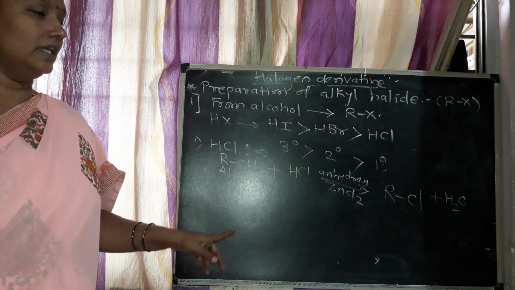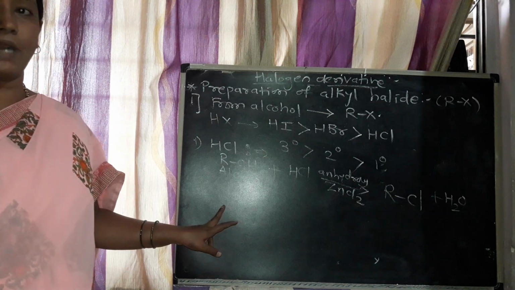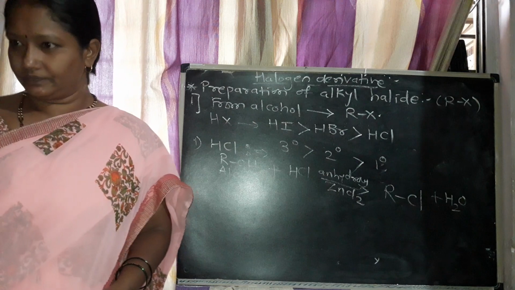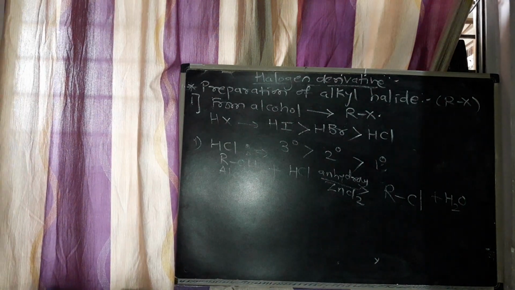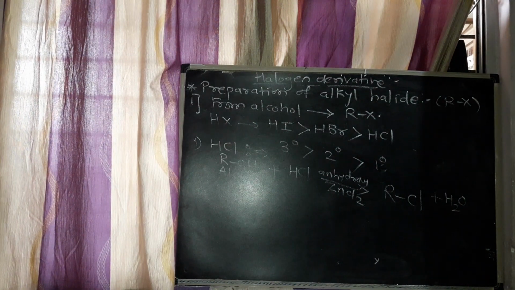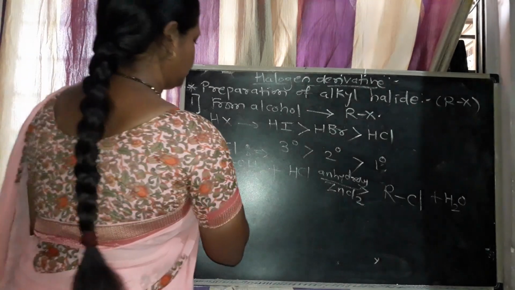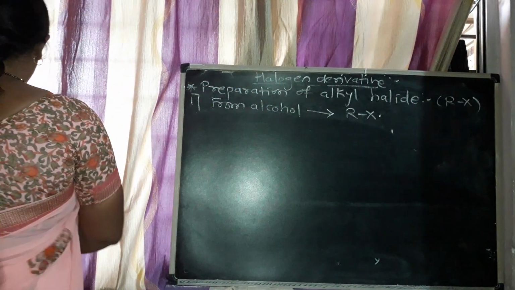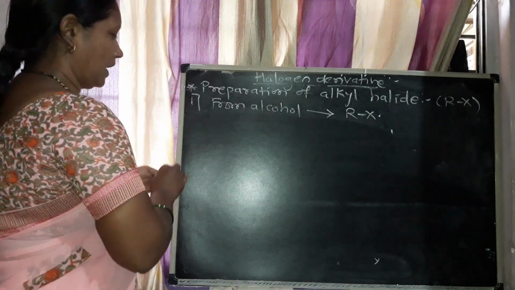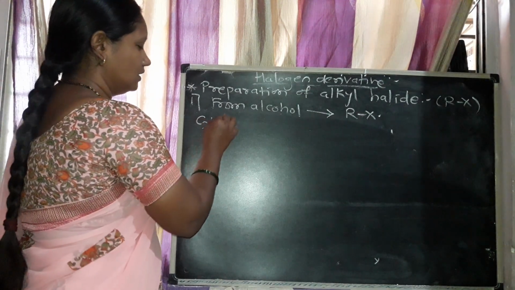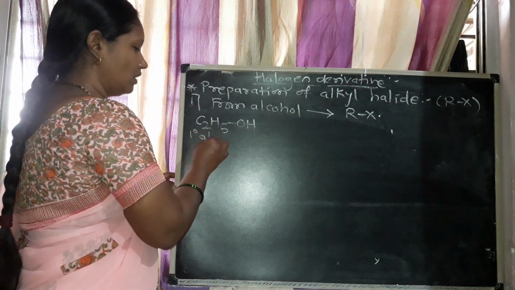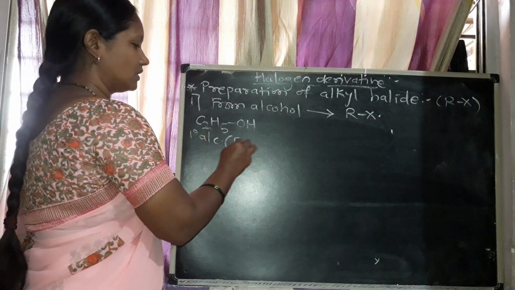Now we can take three examples: primary, secondary and tertiary. The primary alcohol C2H5OH, the name is ethyl alcohol.